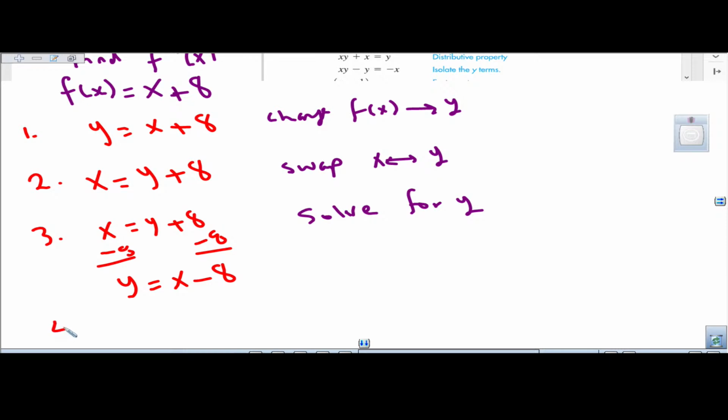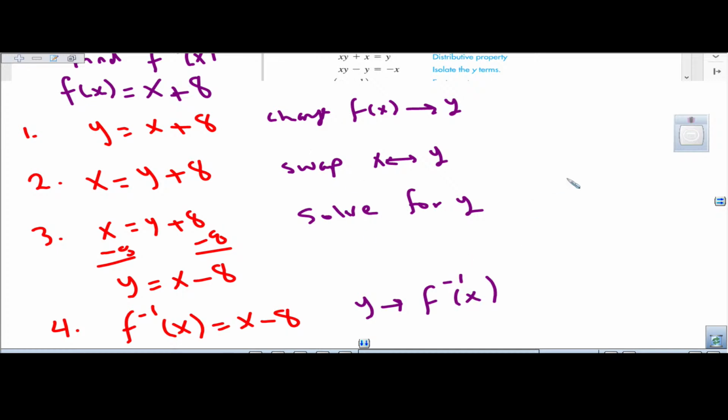And step number 4 is probably the easiest. Change the new y that you got with f inverse. So your f inverse becomes the new y that you have, x minus 8. Simple as that. So now your y becomes f inverse of x.